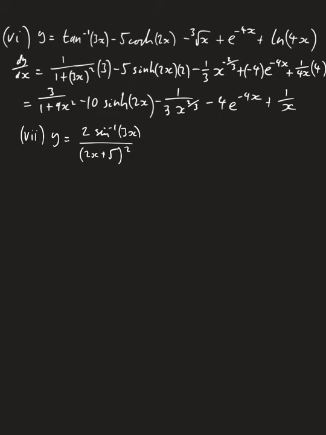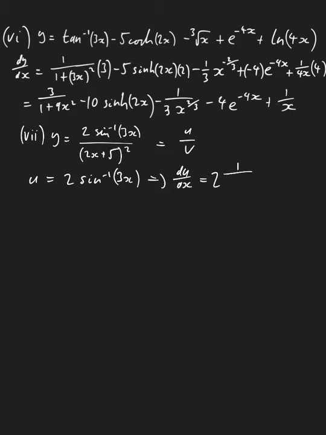So we'll do that out now. So we'll say that's equal to u over v, where u is equal to twice the inverse sine of 3x. So straight away we'll get du dx. It's going to be 2 times. Look in your maths tables, you see the derivative of inverse sine of x is 1 over the square root of 1 minus x squared.